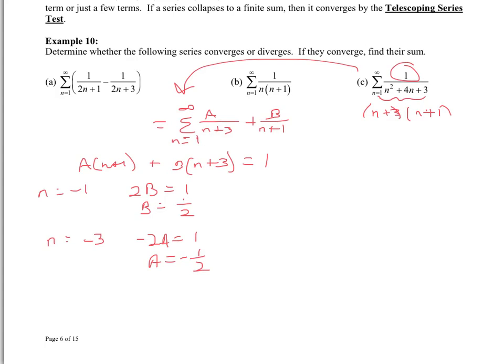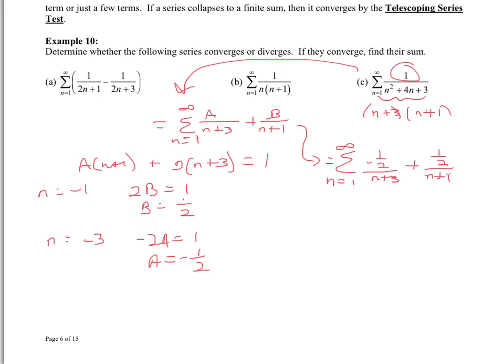So this works out to be the sum from 1 to infinity of negative 1/2 over n plus 3 plus 1/2 over n plus 1, and that's written kind of yucky. We can actually factor out that 1/2 and pull it outside, just multiply it at the end.